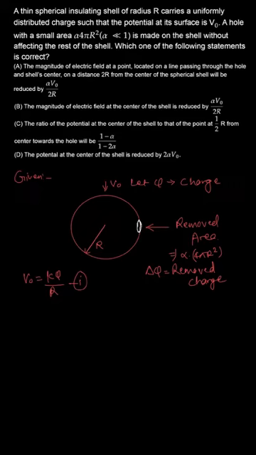Let the charge associated with this removed area be delta Q. We have assumed Q charge on the area of 4 pi r squared, so if we want the charge associated with the area alpha 4 pi r squared, we can write delta Q as alpha times Q.